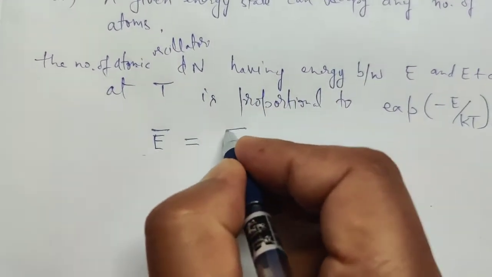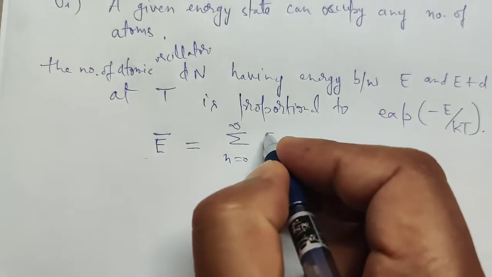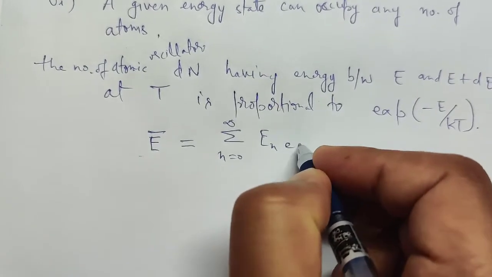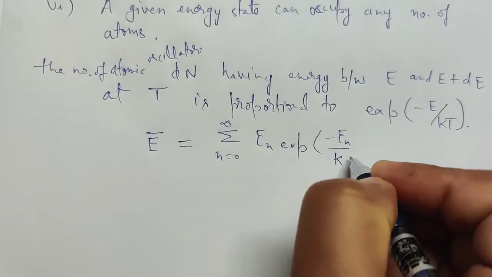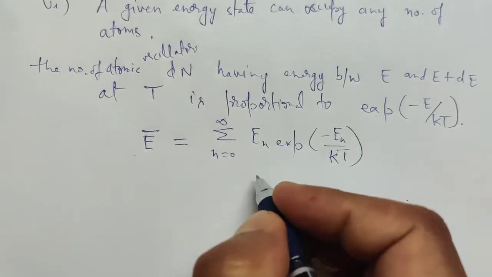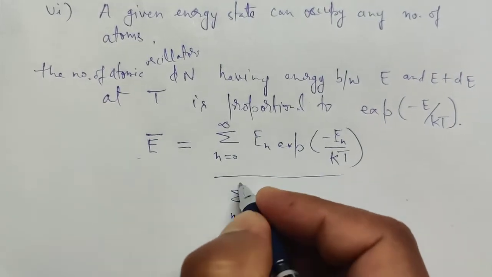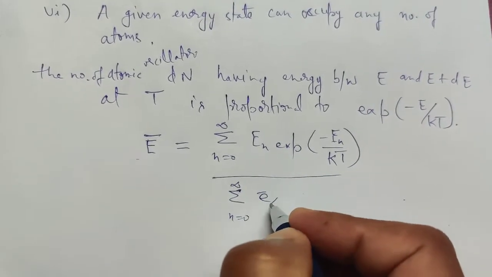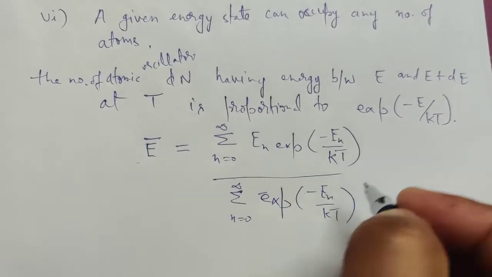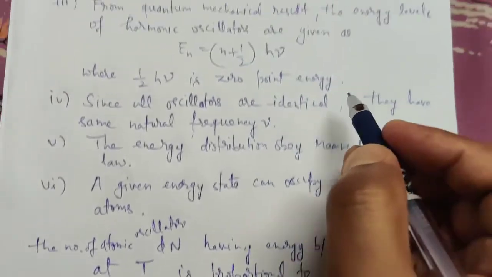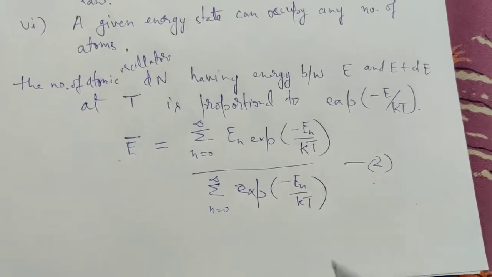So therefore this will be the summation from n equal to 0 to infinity of En exponential of minus En upon kT, where k is the Boltzmann constant. This is equation number 1 and this is equation number 2.